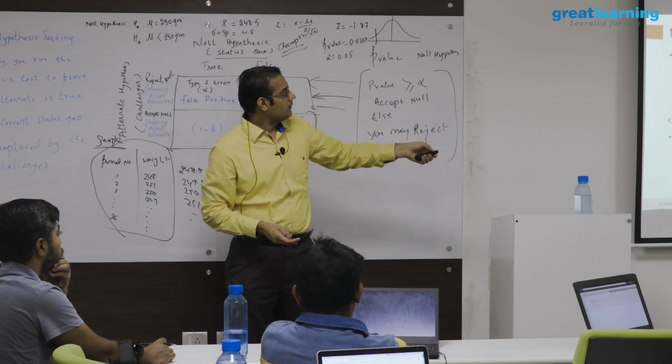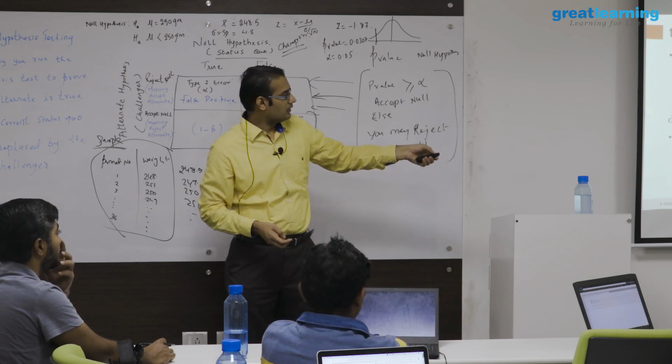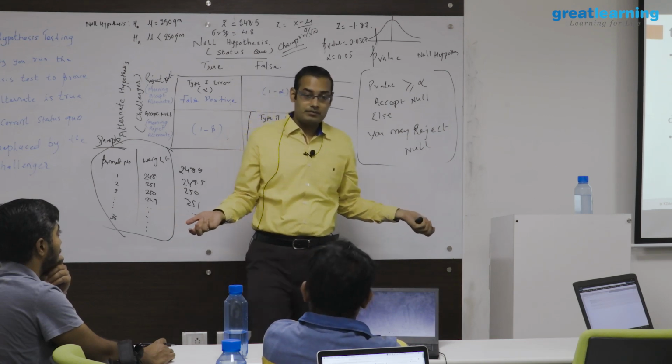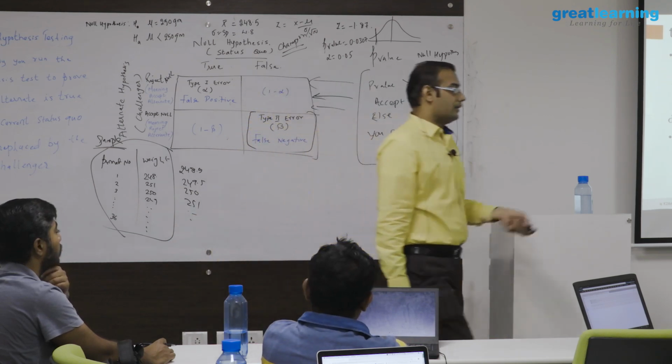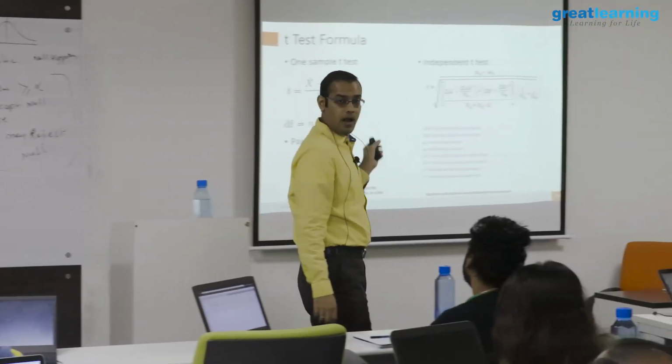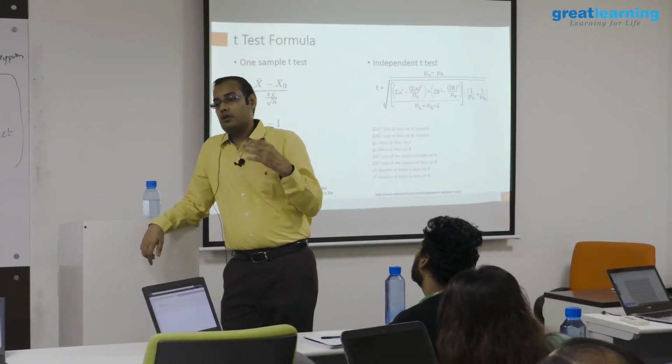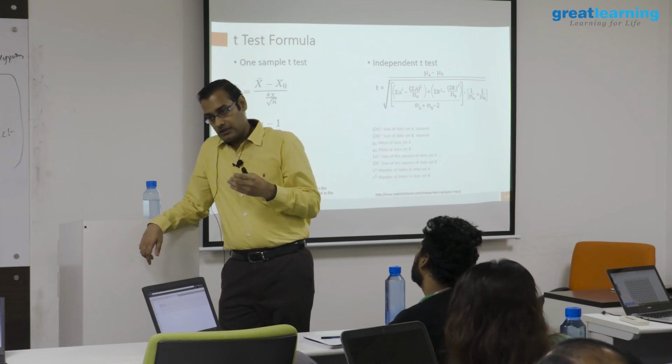Okay. This is very much similar to this. The above formula and this formula are very much the same. So this is a paired t test. Okay. Now we are going to solve problems using t test.